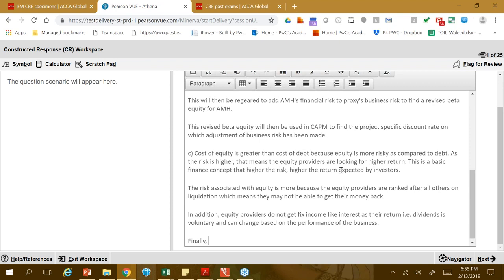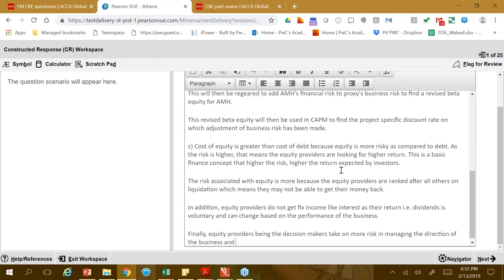Finally, equity providers, being the decision makers, take on more risk in managing the direction of the business. And all this raises the risk attached to equity, which is reflected in higher return.